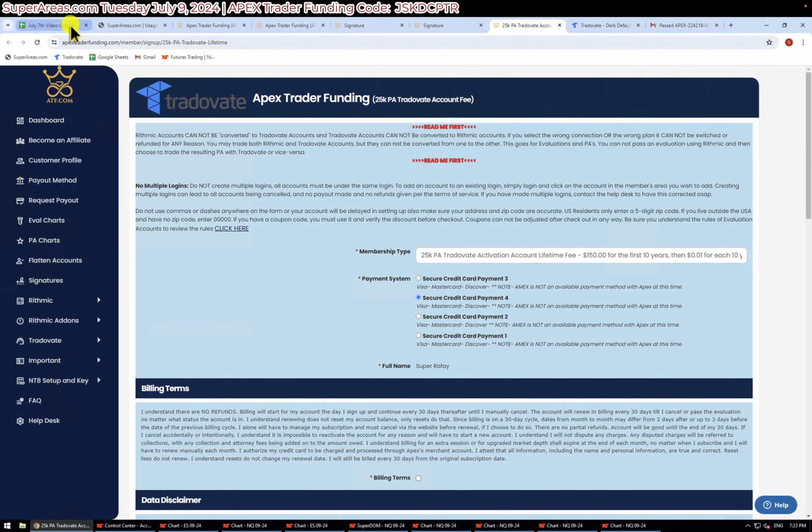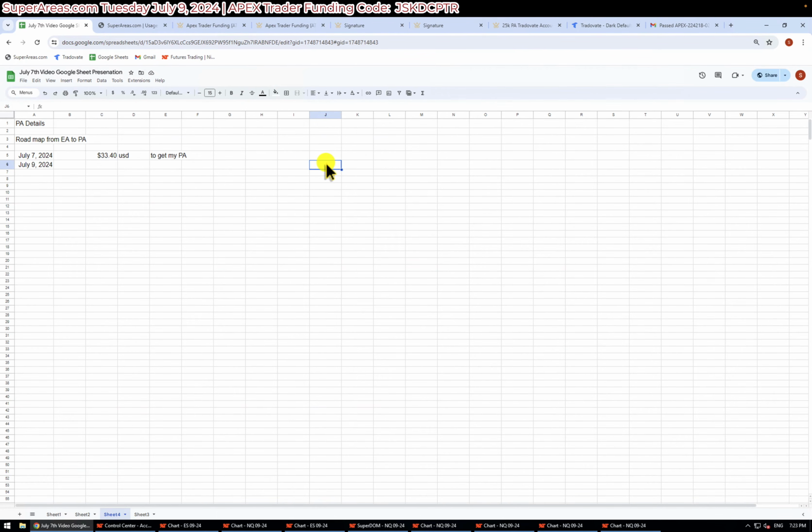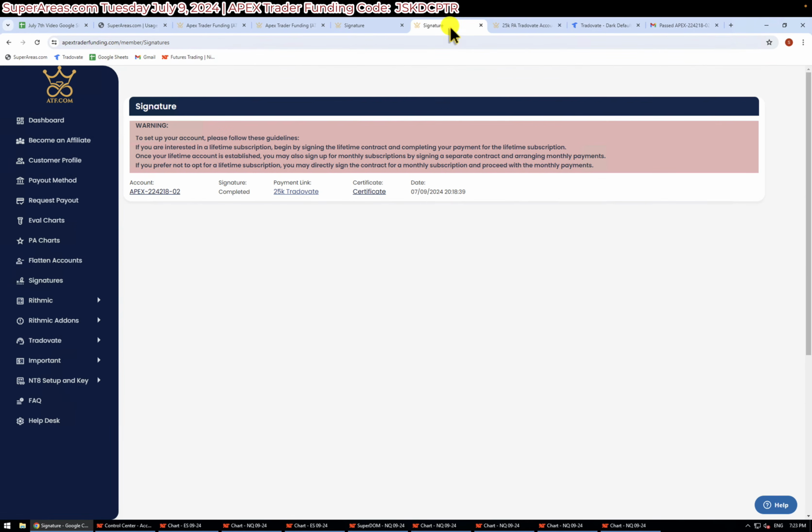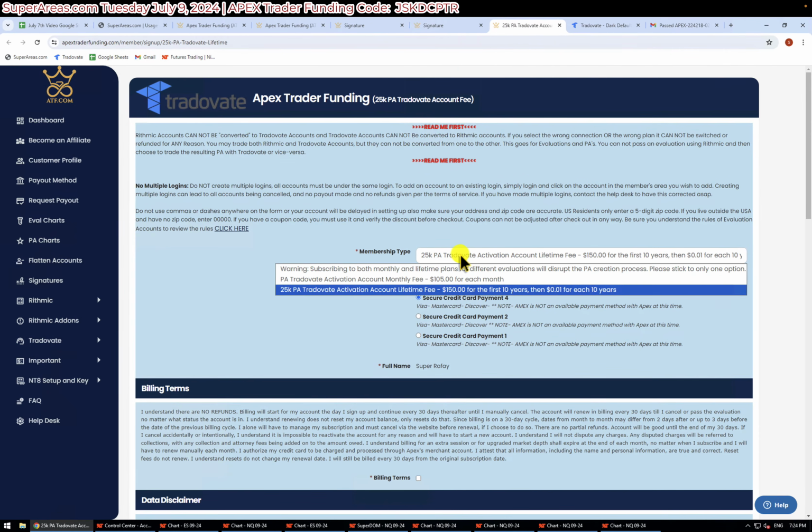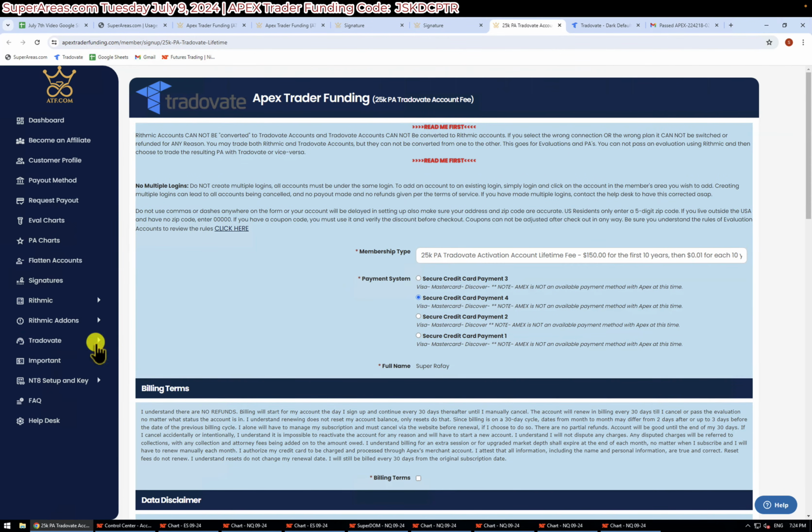So let's analyze this quickly. If you were to pay $105 for 12 months, let's say you manage to keep this account for 12 months, which is very rare, as I've seen few people keep their accounts for that long, you would pay $1,260, but the one-time fee is $150. Sometimes it makes sense to pay the monthly fee on your bigger accounts.